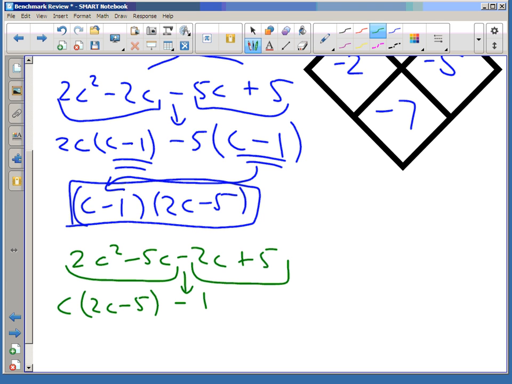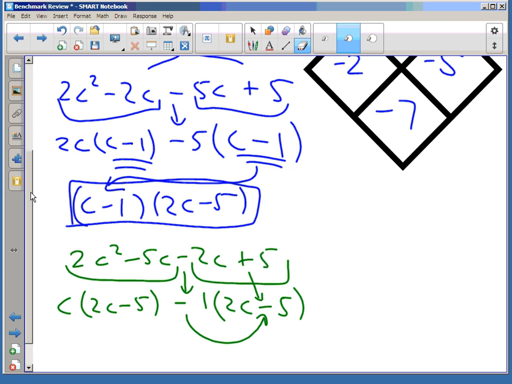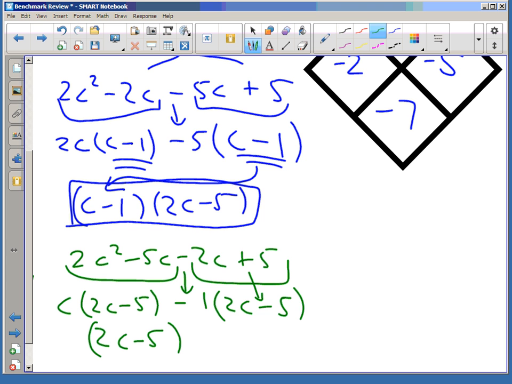And I have no factors for 2c and 5, so I just put a 1 there, leaving 2c. Now you want to put a plus here, but it's not going to be a plus. It has to be a minus, so that when we multiply negative times a negative, we get our positive 5. And now, notice in this case, we get a common factor of 2c minus 5, leaving c minus 1.